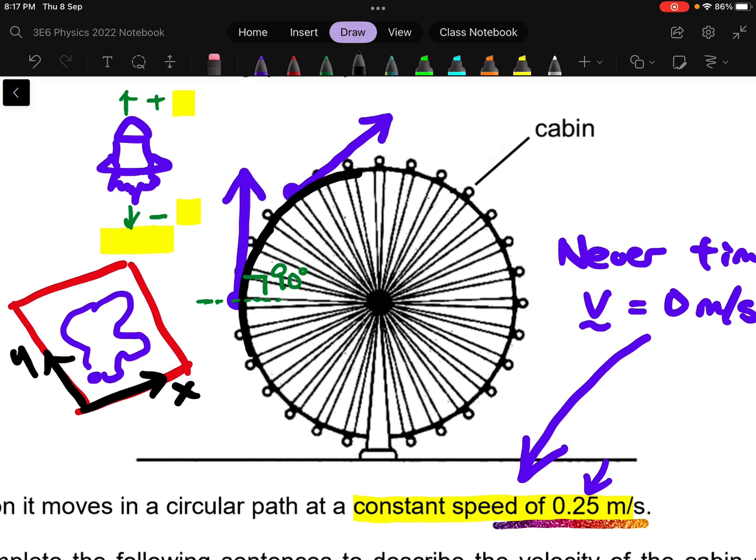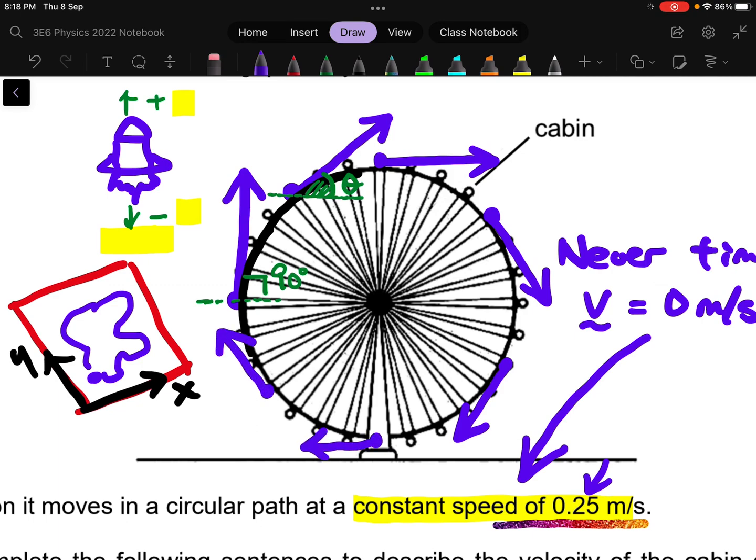It will be tangential to the curve over here, and this direction can be denoted by this angle, theta. Then as it moves to here, you will have another angle. Move to here, another angle. Move to here, another angle.